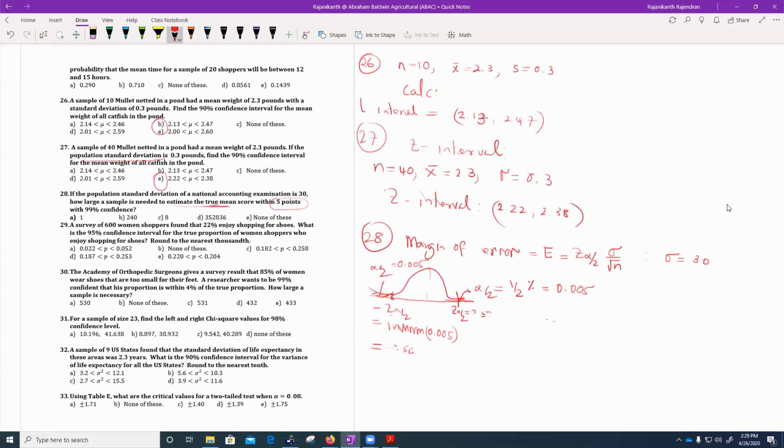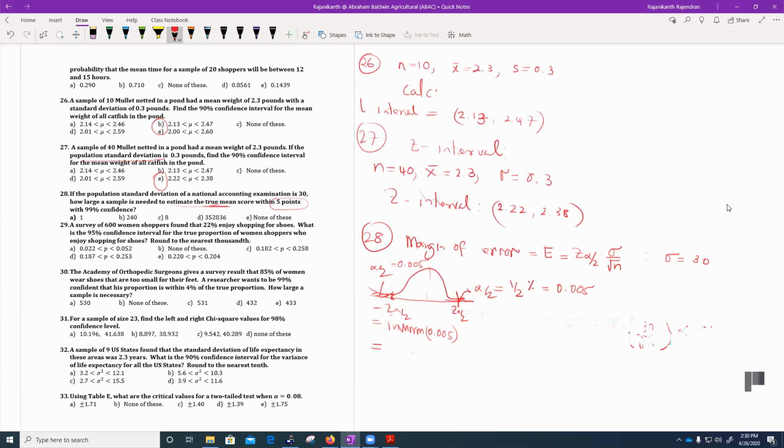Therefore, my margin of error E should be now 2.58 times sigma, which is 30, over square root n. I don't know n, I'm going to find n. Now this margin of error should be within 5. That means this should be smaller than 5, in such a way that you need to figure out the n value. Okay, so now this is kind of an inequality.